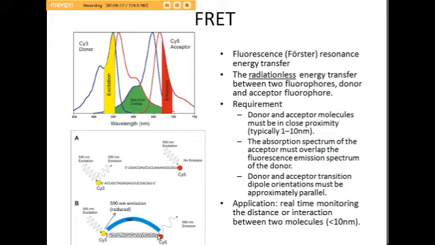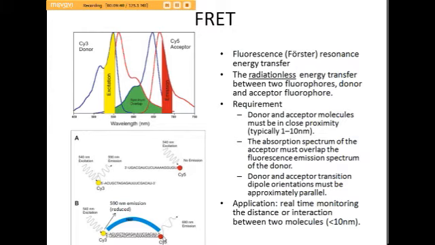Cy5 will use this energy to be excited to the excited state. Then it generates an emission photon. This is the emission light, and it will be characteristic of Cy5 emission light. It will be 680 nanometer emission.